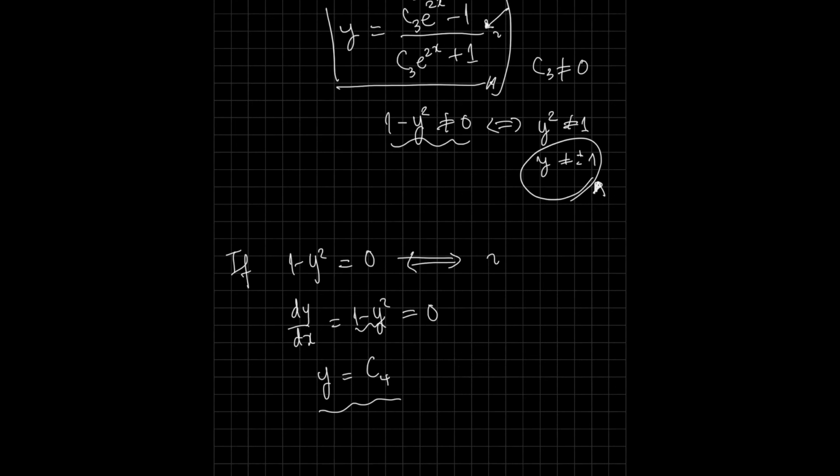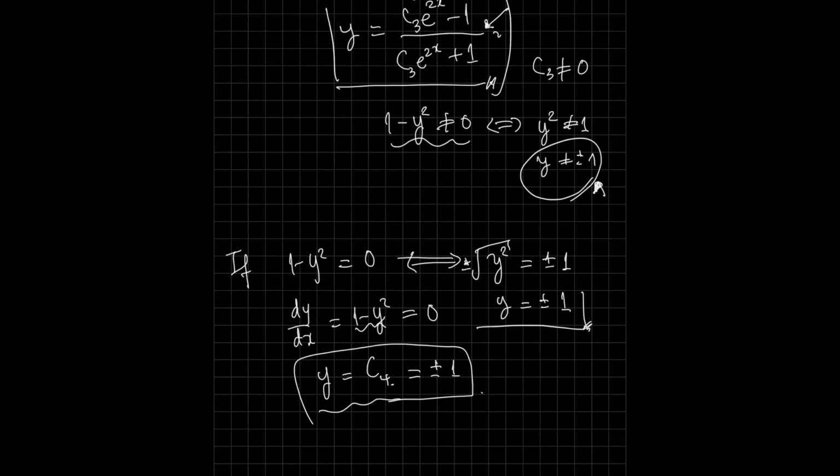But we know that this expression here is the same as y squared equals 1. That is when you get the square root of this one. So y equals plus minus 1. And so we can say that c sub 4 is actually plus minus 1.